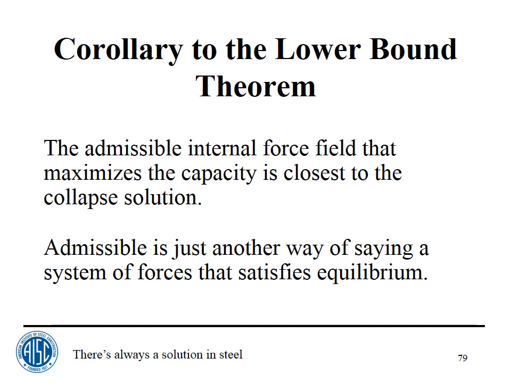Isn't it really convenient that this is the case? No matter what we pick, as long as we satisfy equilibrium and the limit states, we're going to have a satisfactory connection, a satisfactory structure. At least that's what the lower bound theorem is saying. Not just for connections, but for buildings, for the whole thing.